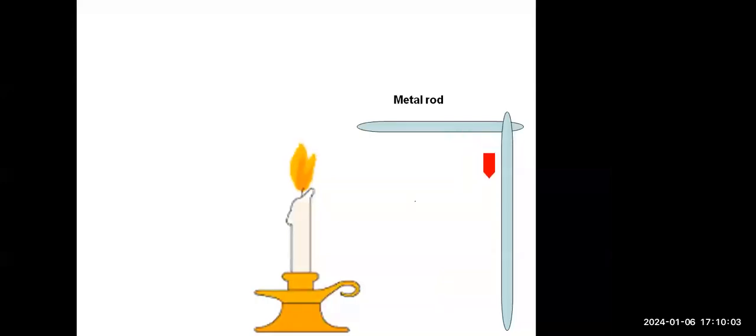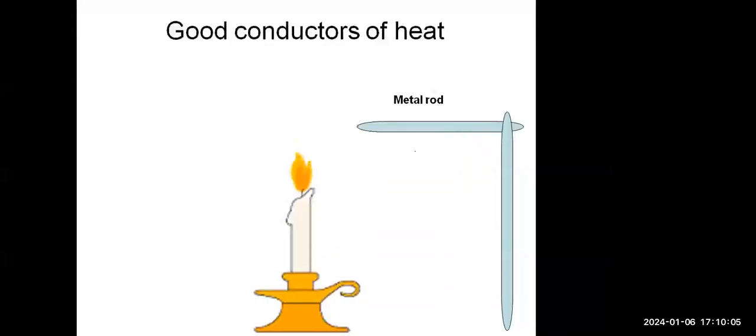So this activity shows that metals are good conductor of heat as well. All metals are good conductor of heat. That's why the heat reached the rod, got heated up and it conducted till the other end of the rod. So the pins are falling one by one.